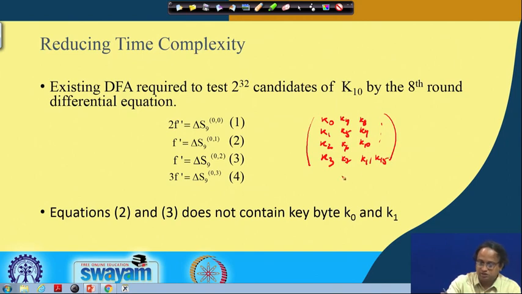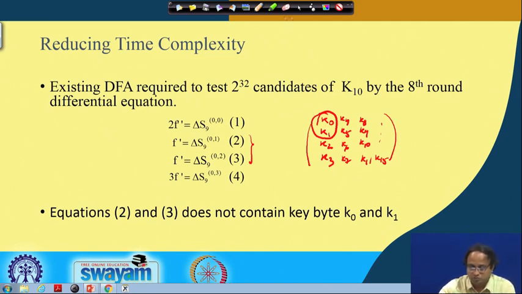Okay. So this is essentially going across the columns. Here we have seen that equations 2 and 3 do not depend upon these 2 key bytes. Remember, this was my K00 and K10 in the previous nomenclature. That is, it does not depend upon K0 and K1.